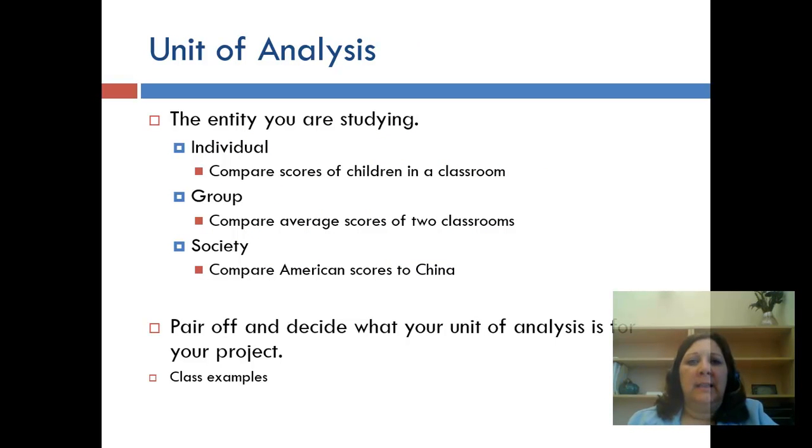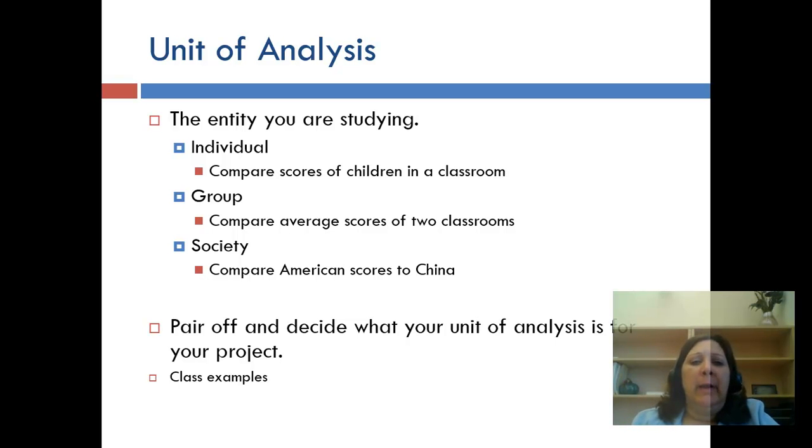Unit of analysis. When we're looking at a research question, we want to know what unit of analysis we are asking. So if we want to know about prisoners in a detention center, and we want to know about the individual people, that's the individual level. Okay?